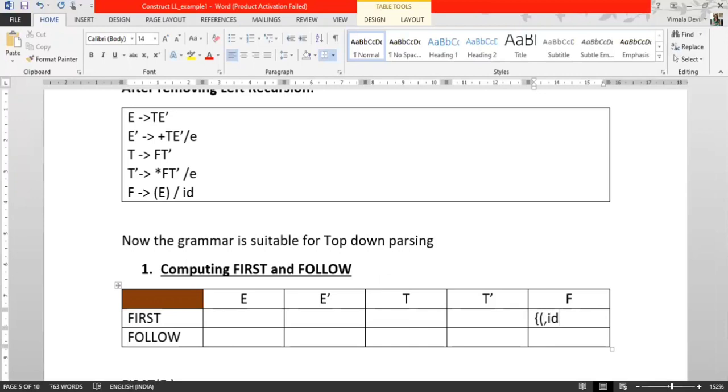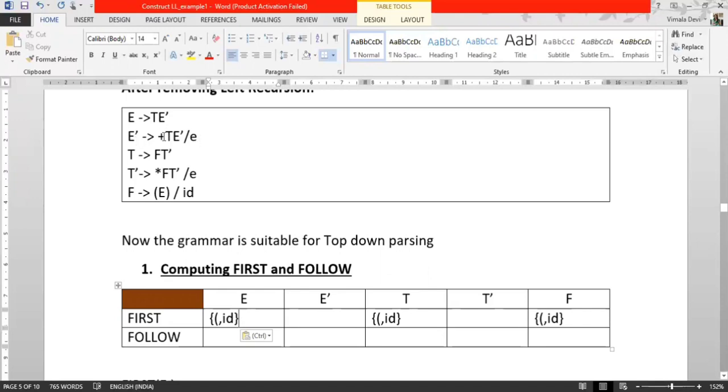By the way, first of T as well as first of E: first of T is first of F. Already we identified first of F, so let us update here. First of E is first of T. We know what is first of T. Now we are yet to identify the first sets for E dash and T dash. What is the first set for E dash? Again, E dash has 2 alternatives.